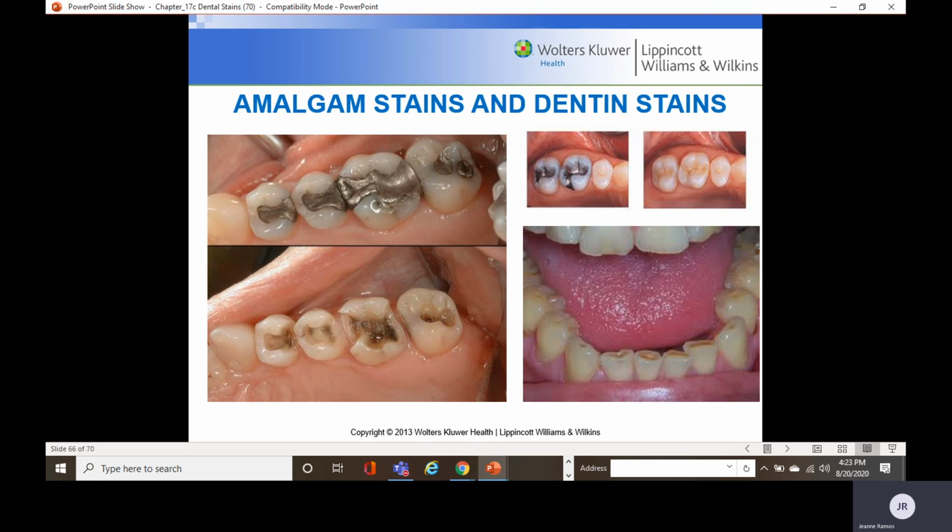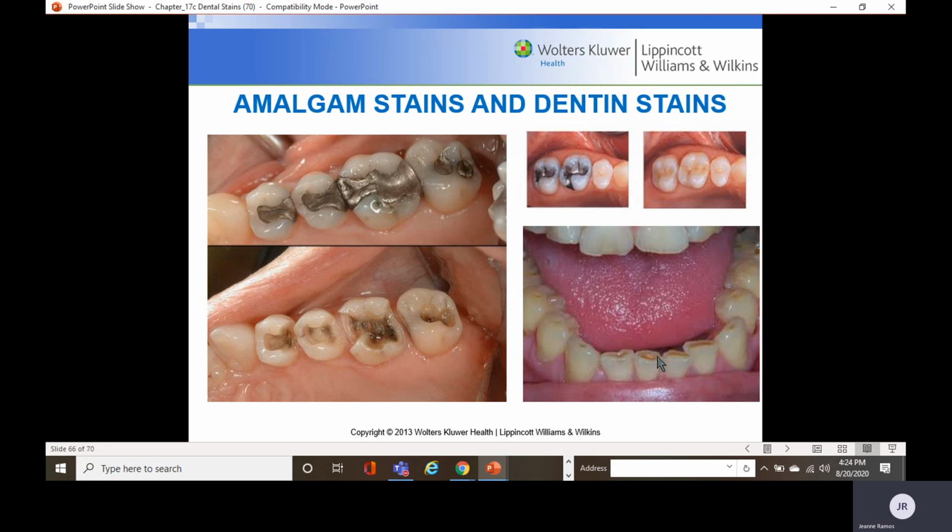It's a very small amount, but there are other people who say, I don't want any of that in my system no matter what, and they'll have them removed. This shows them being removed. These two fillings were removed, and it looks like this. This is just dentin down there with the stain throughout the dentin. Then they'll probably put composites. If it's too big, they'll just crown that tooth.